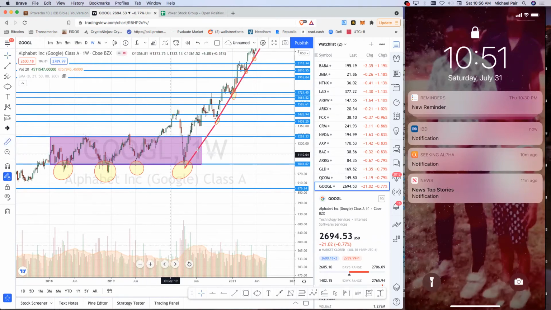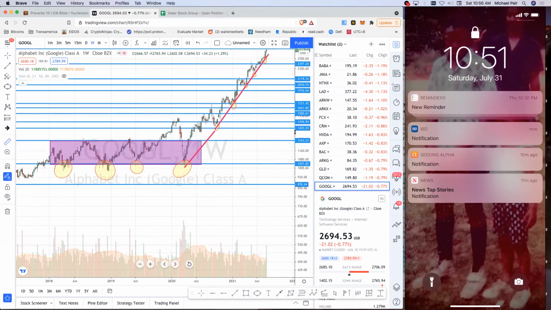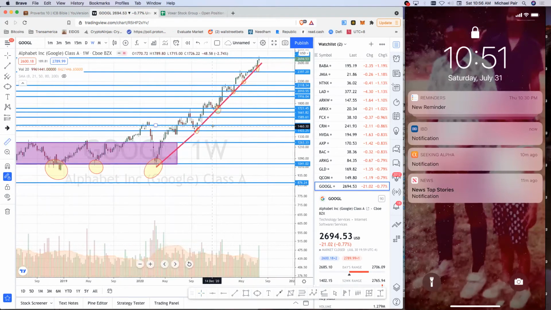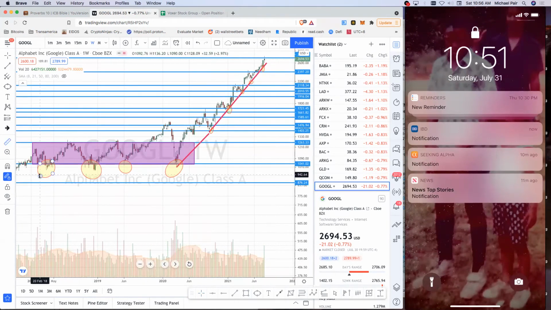So you stayed in a range of about 20% for a couple years, but then it kept going.